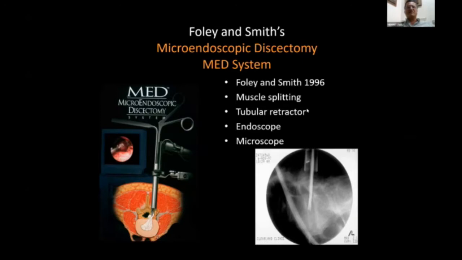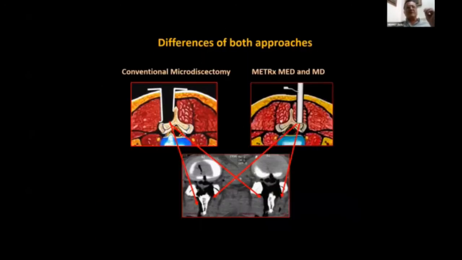The main advantage was they were using the muscle splitting instead of the muscle damaging, less damaging. So then the main advantages with the conventional microdiscectomy, you have to strap the muscle laterally.